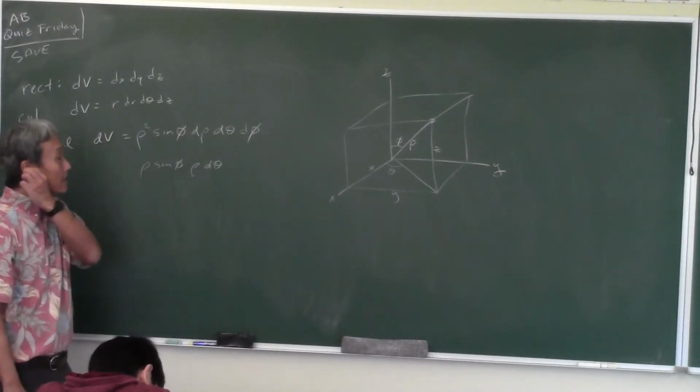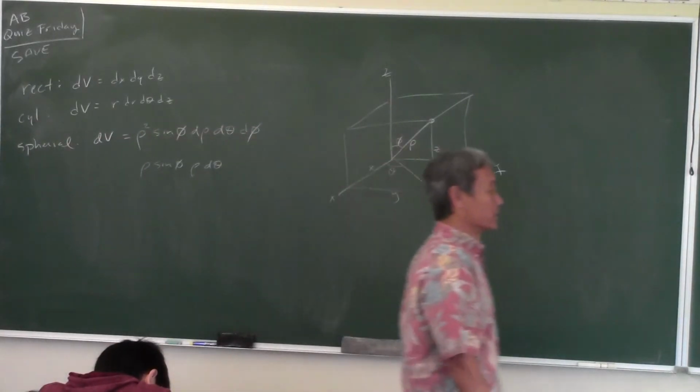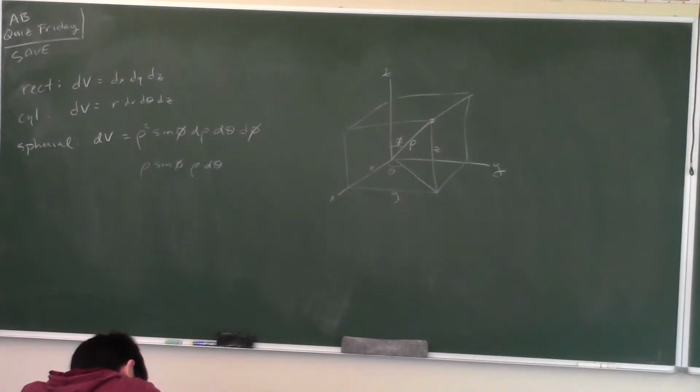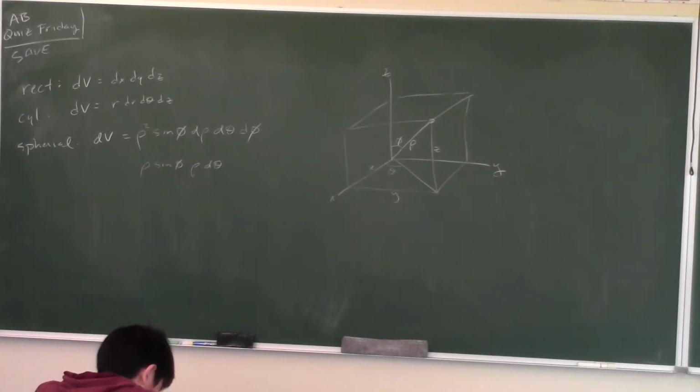Yeah, they've got the spherical wedge in the book, right? See, rho d phi is that. Rho sine phi d theta is that. Oh, I've been thinking of it the wrong way.